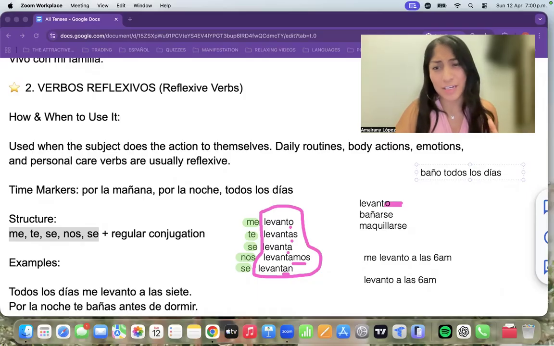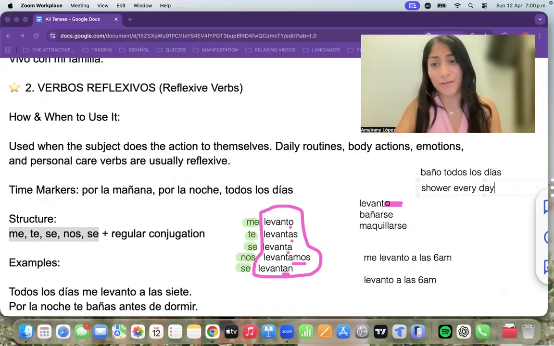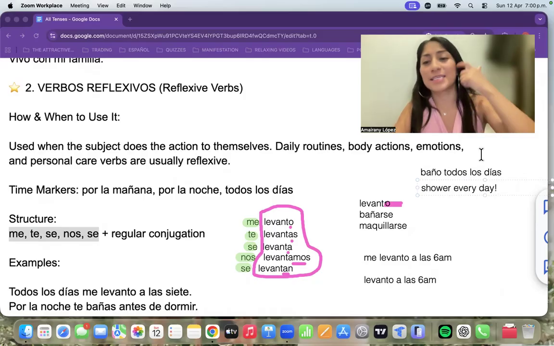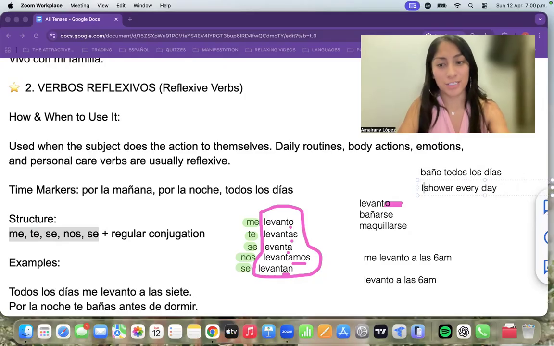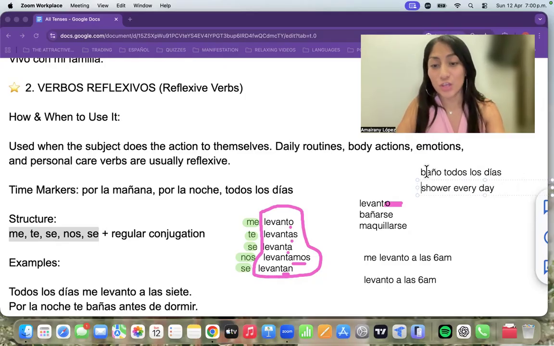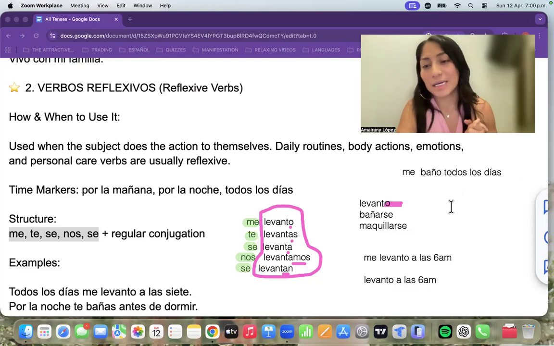Like, I don't know who's doing the action, right? It could be maybe like, hey, you should shower every day, right? But for the most part, in English, we also need that extra thing, right? So you shower, or they shower, or I shower, right? So you would need the me to specify that it is an action that you're doing to yourself, okay?